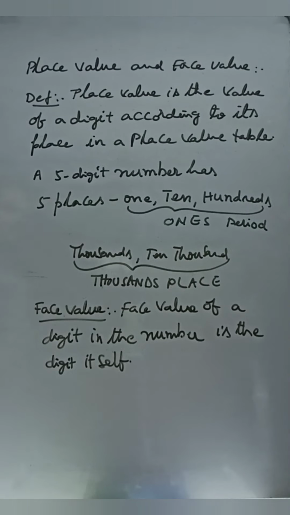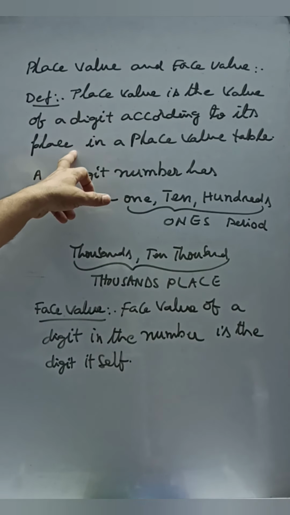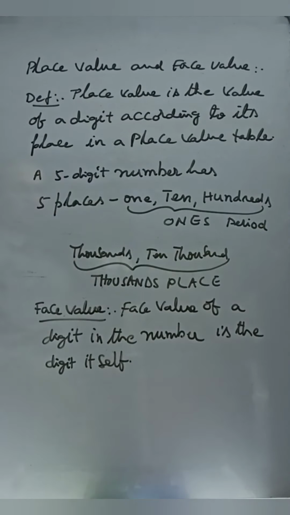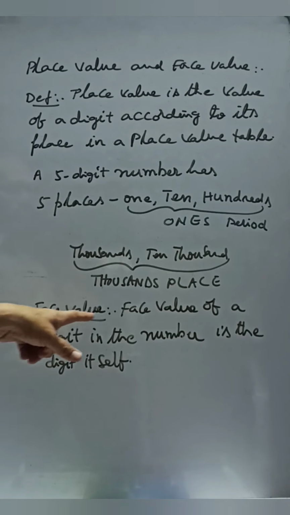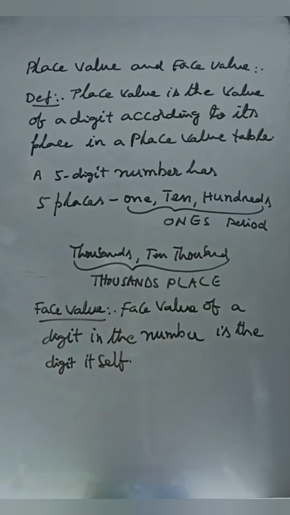Neatly write down the definition and try to understand. The place value is the value of a digit according to its place in the place value table. And the face value of a digit in the number is the digit itself.